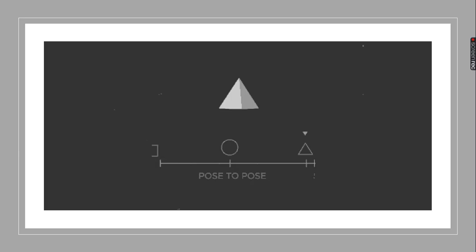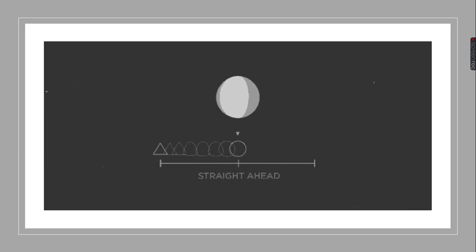So square to the triangle and triangle to the square. That's the difference between pose to pose and straight ahead. In straight ahead, you jump straight from one action to another action and then to another one. In pose to pose, you have intermediate occasions or other frames which you need to focus on.